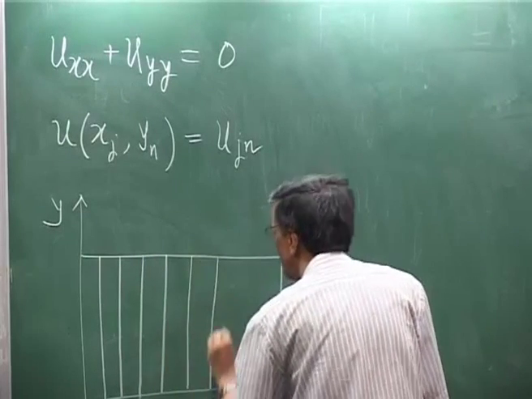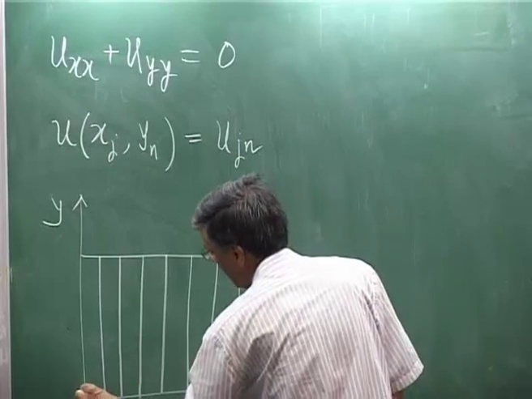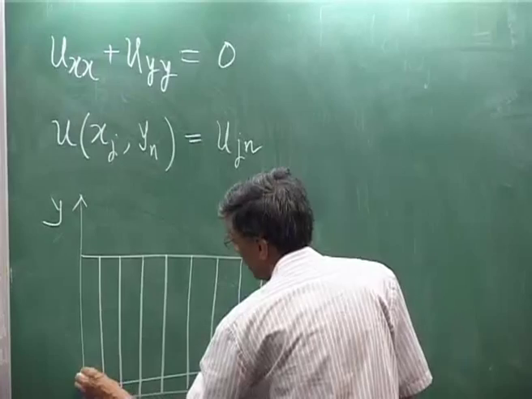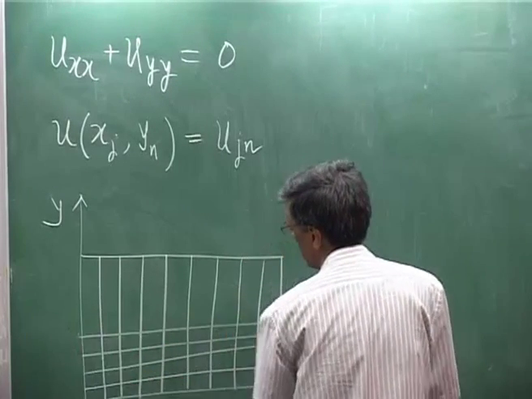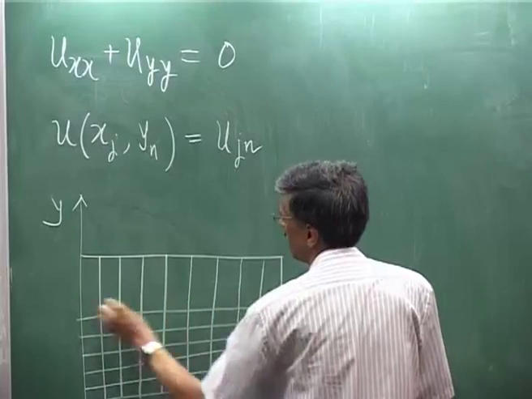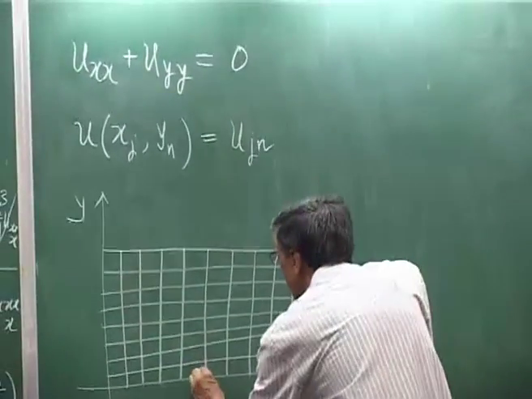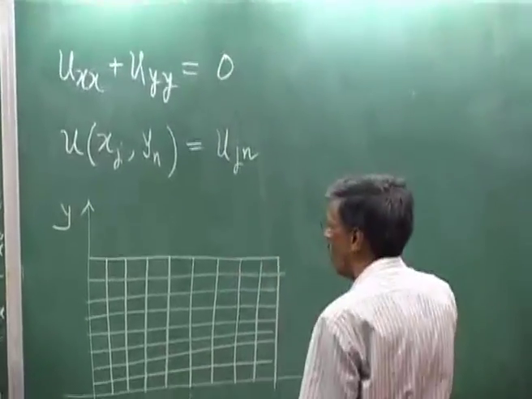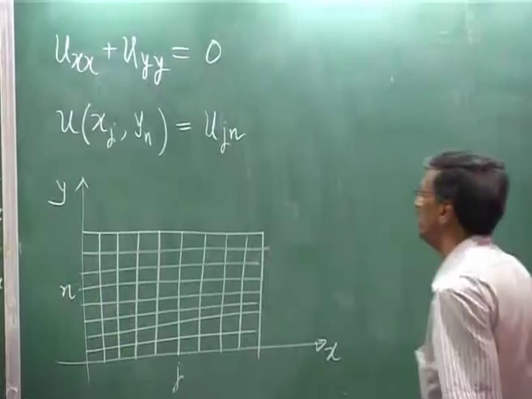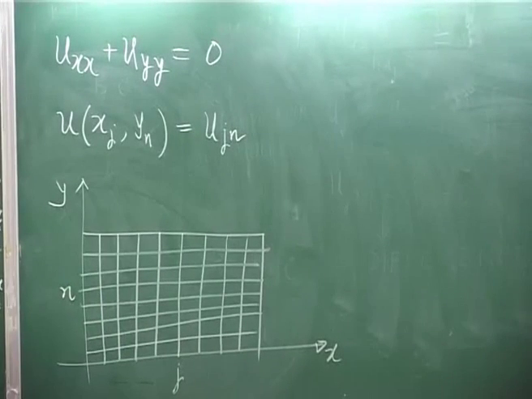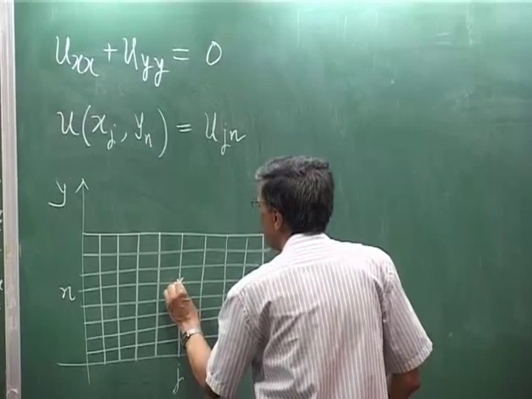So, we discretize the domain like this. Okay, let us look at, say, this is my jth point and this is my nth index in the y direction. So, we are focusing our attention on a point like this.